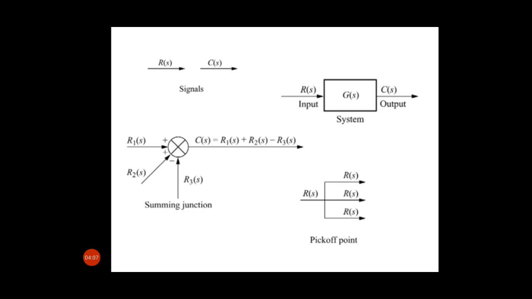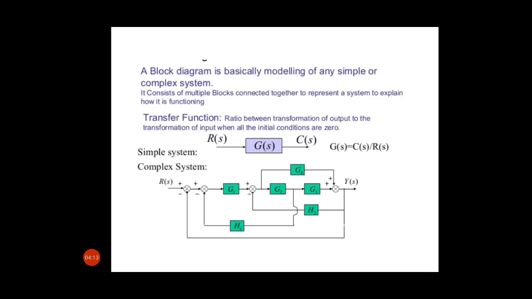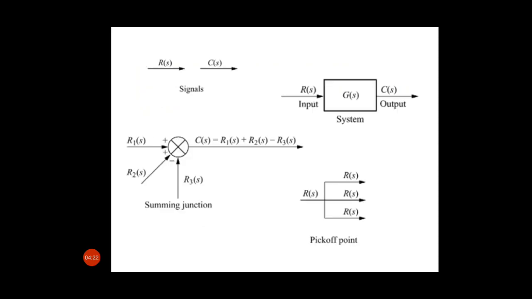Here we are having so many elements in a block diagram, because you have seen in this complex system there are blocks, summing points, and arrows meaning signals. So in a block diagram we basically have these basic elements: blocks, where the system is mentioned, then summing point or summing junction, then branch point or take off point, and signal.